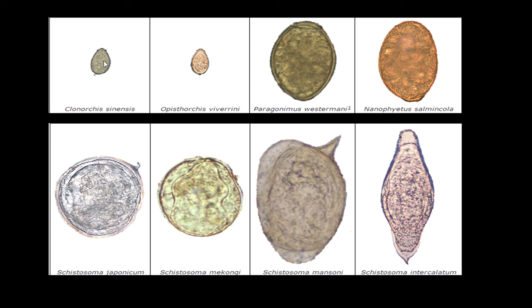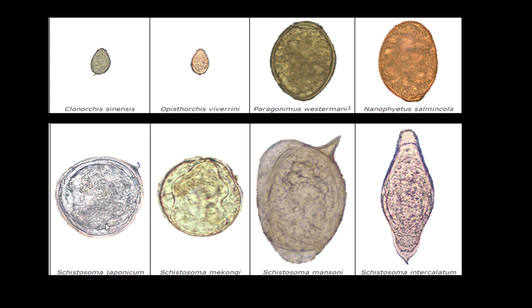Clonorchis sinensis, Clonorchiasis, or Opisthorchis viverrini, for example, also can be identified, and the Paragonimus westermani, which can be seen in the lungs, and the eggs can be coughed and then swallowed, as simple as that.